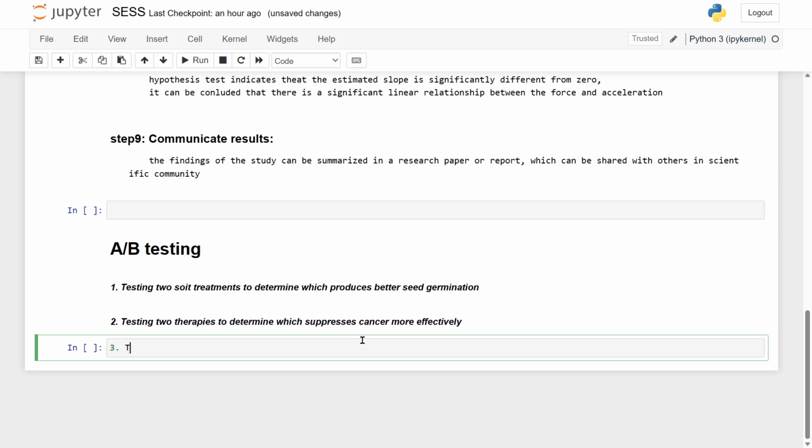Then the third one, testing two prices to determine which yields more net profit.